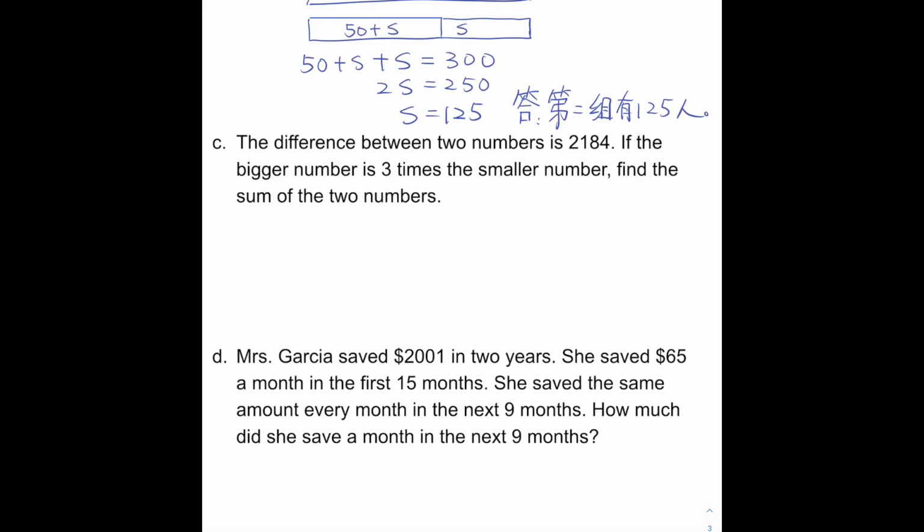The difference between two numbers, if the bigger number is 3 times the smaller number, find the sum of the two numbers. Okay, so we have two numbers, big number, small number, and here the difference.